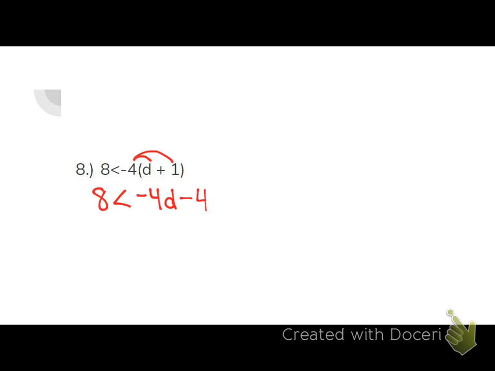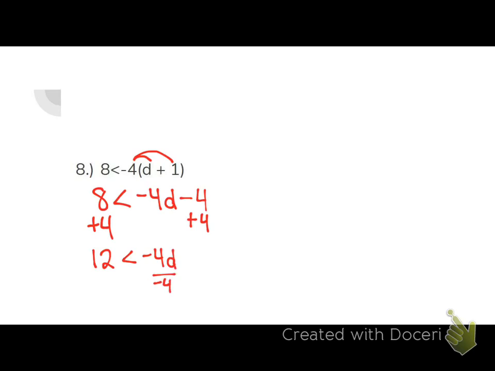Now this looks a lot like problems we were already doing. So what should I do next? Add the 4 on both sides. 8 plus 4 gives me 12. Does my symbol need to change? No, not right now. We just added. What do I do next?